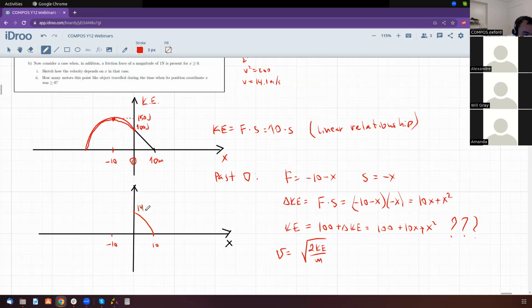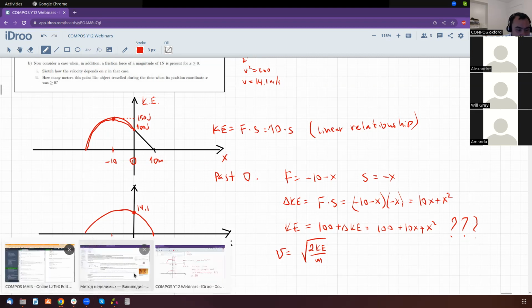This is 14.1. Oh, there's going to be 2 curves. It's not a single curve, it's 2 pieces of curve. I think I have a better picture somewhere here.